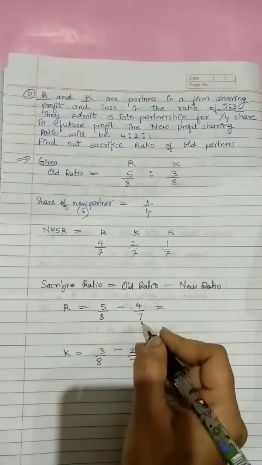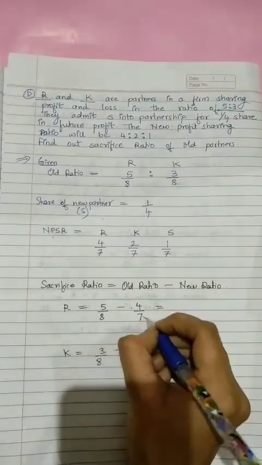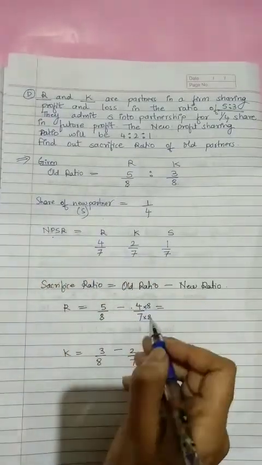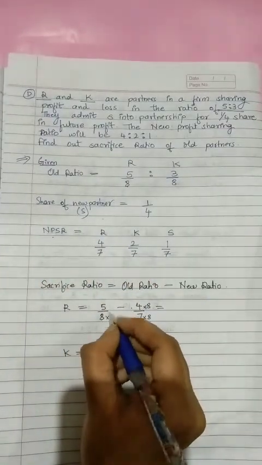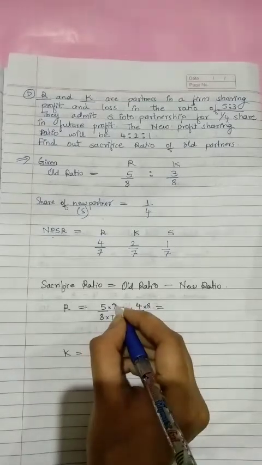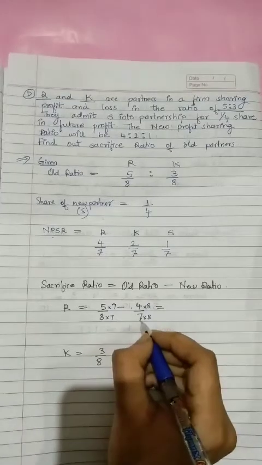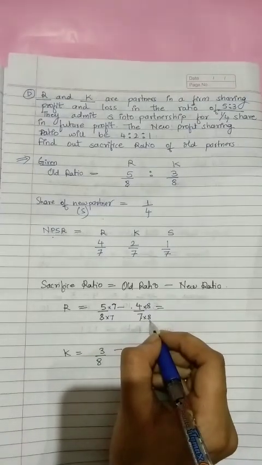Here you can multiply with the opposite number, that is 8, and this side you can multiply with the opposite number, that is 7. So here it will become 8 into 7, and here also 7 into 8, and we will get the same answer.